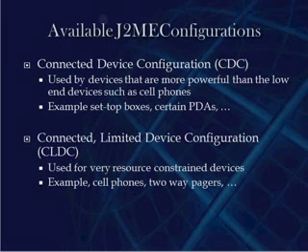CDC is used by devices that are more powerful than low-end devices such as cell phones, such as set-top boxes and certain PDAs. CLDC is used for resource-constrained devices, such as cell phones and two-way pagers.